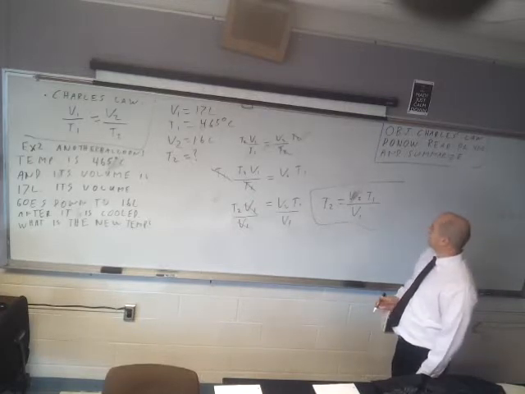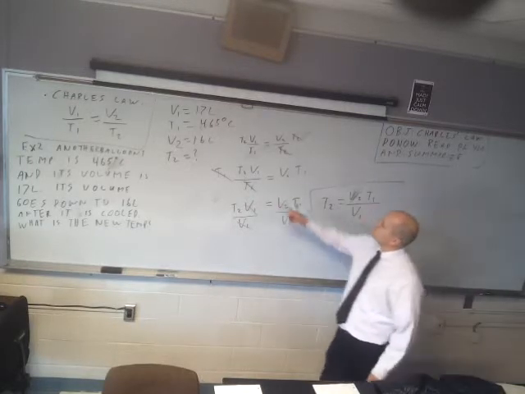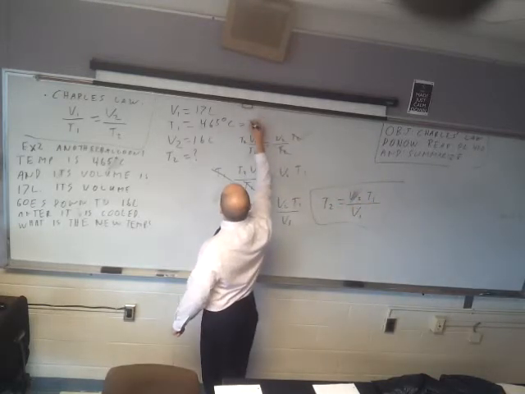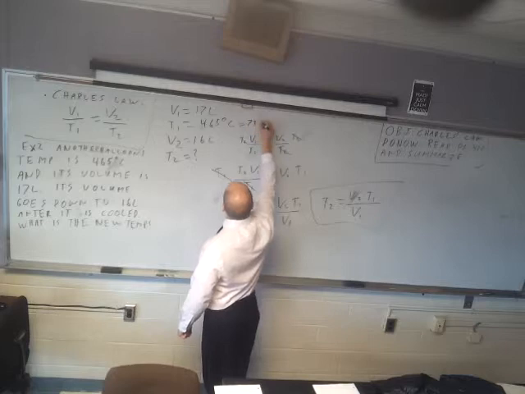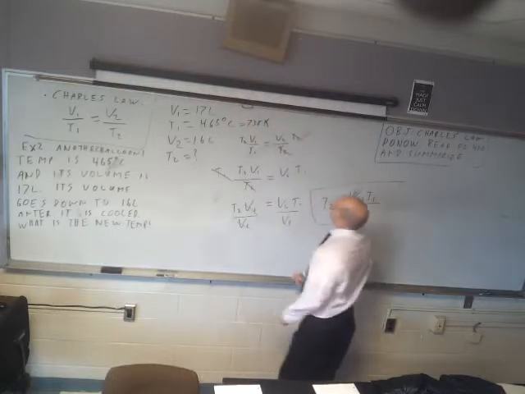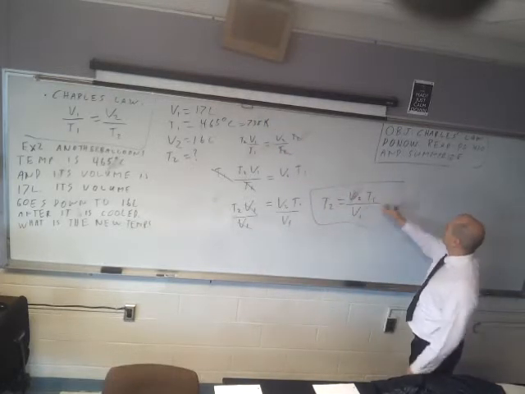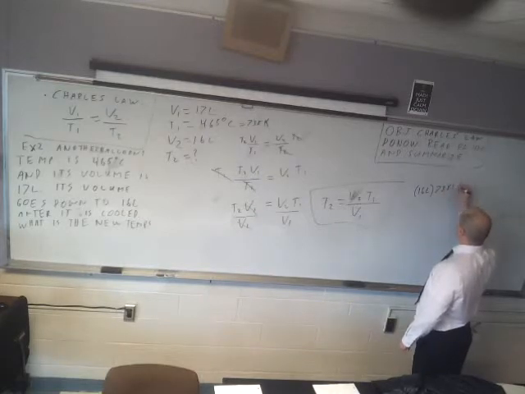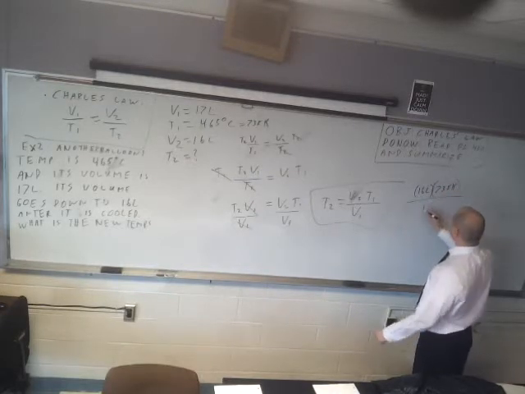All right, so let's go ahead and, oh, I forgot to convert this to Kelvin. What's that in Kelvin? 730? 738. Okay, that's okay. It really is. All right, let's plug in numbers here. T2 equals V2, which is 16 liters, times 738 K, divided by 17 liters.